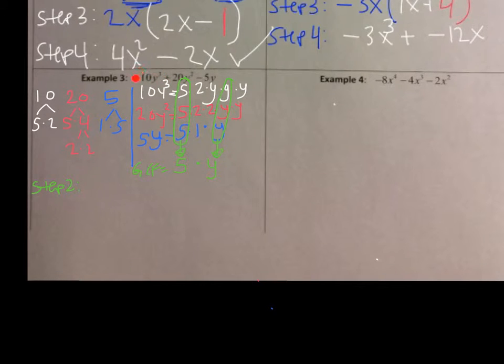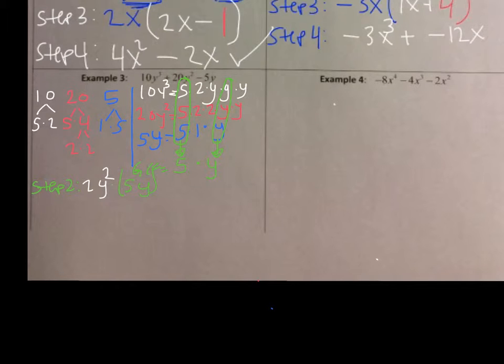For 10y cubed, when we factor the 5y out, we're left with the 2 times the y and another y over here. So we're left with 2 times y, which is 2y squared. And we're going to multiply that by our greatest common factor, which is 5y.